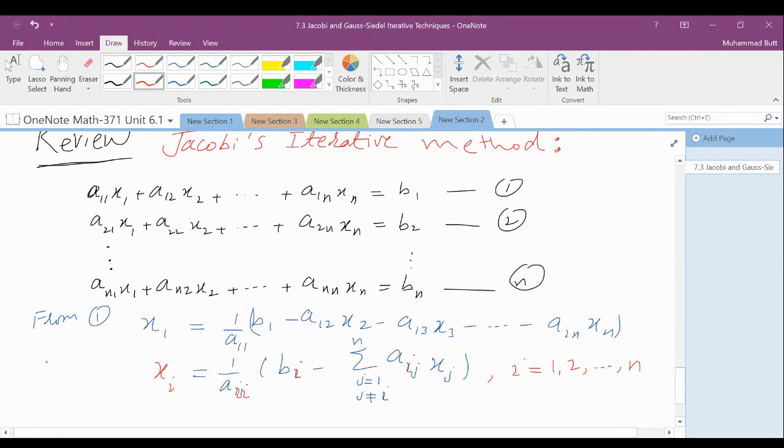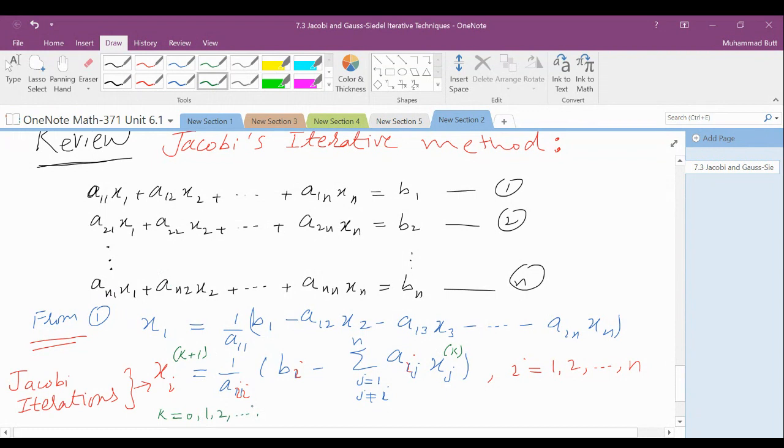And for the Jacobi iterations, if you remember, here you start from k plus 1, and then here it is k, and k, and for k you will get 0, 1, 2 and so on.